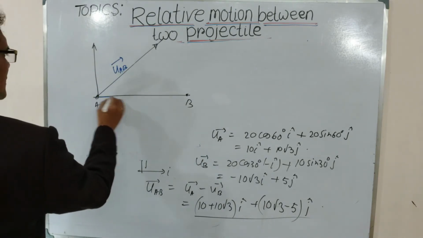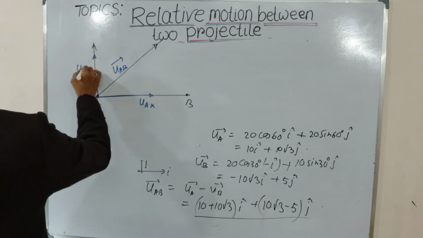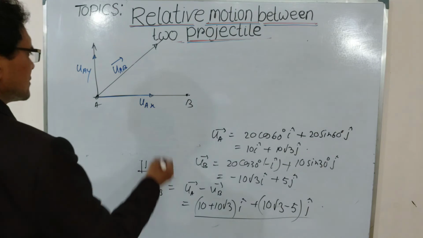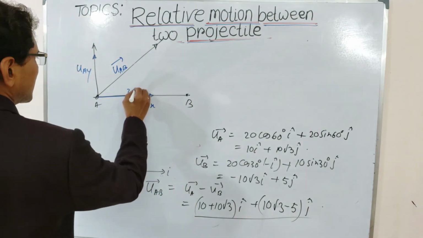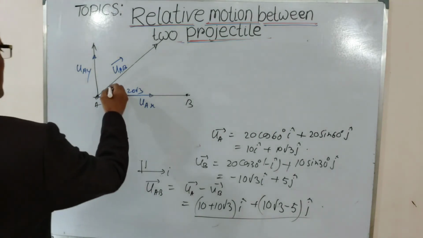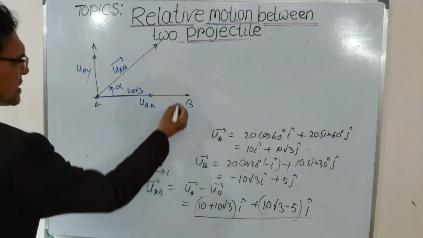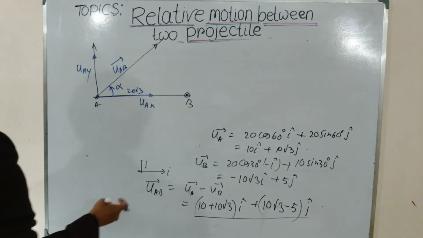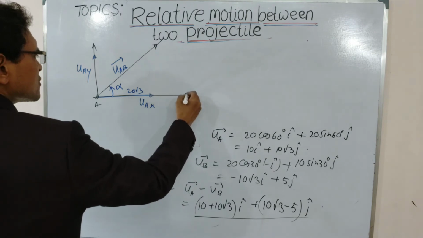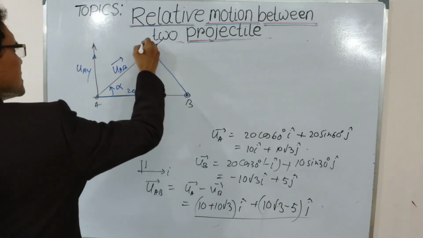This is U. Now the distance is 20√3. So if we find the angle, then what is the shortest distance? B is at rest and UAB is in this direction. So what is the shortest distance? The shortest distance is always the perpendicular distance. So this is the shortest distance, BC.